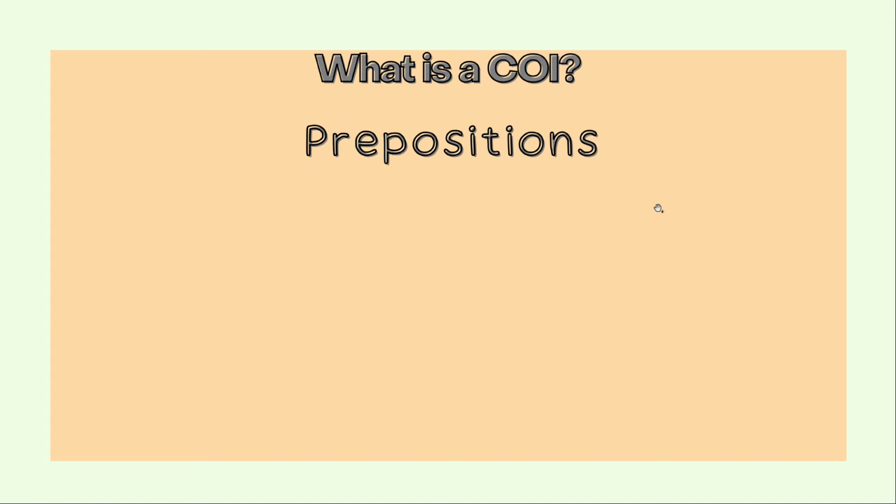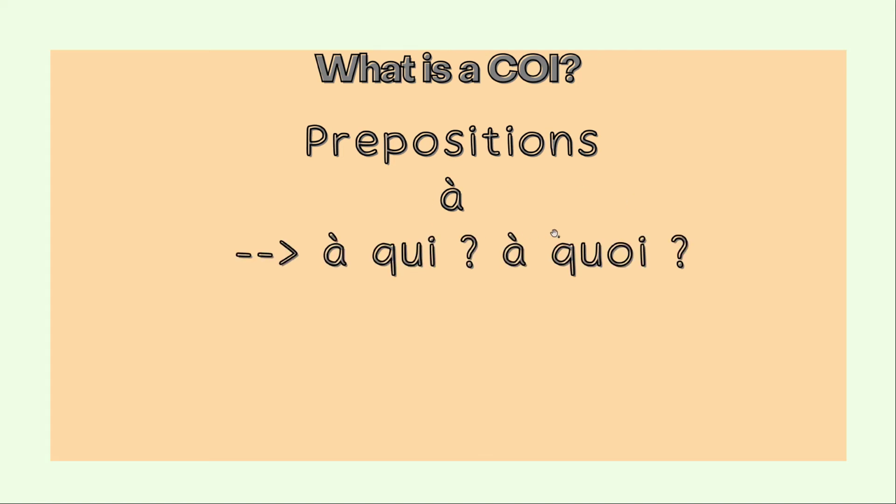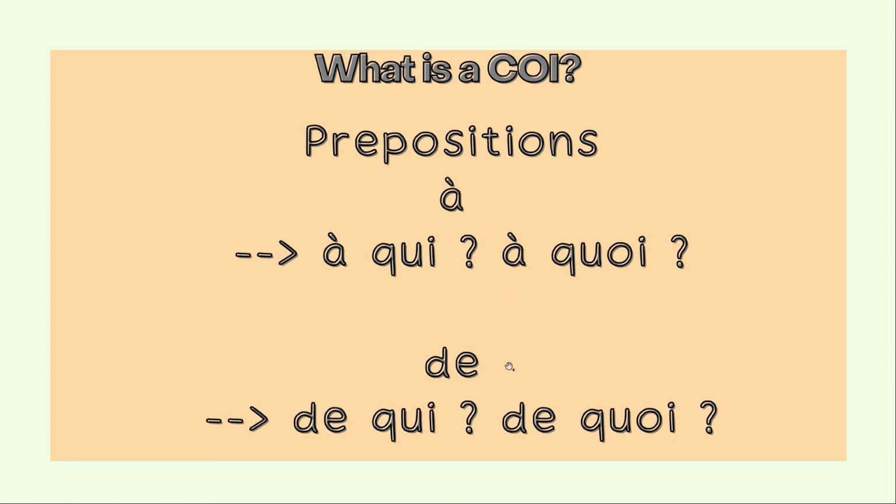And by prepositions, I mean either à, and in that case, the COI will answer to the questions à qui or à quoi, to whom or to what, or the preposition de qui or de quoi. It depends on the preposition that you are going to use for that verb.